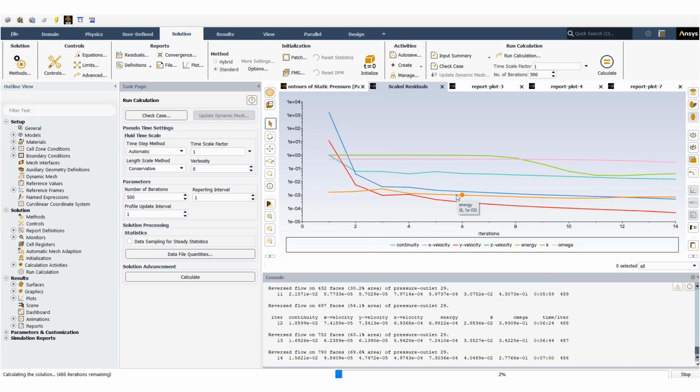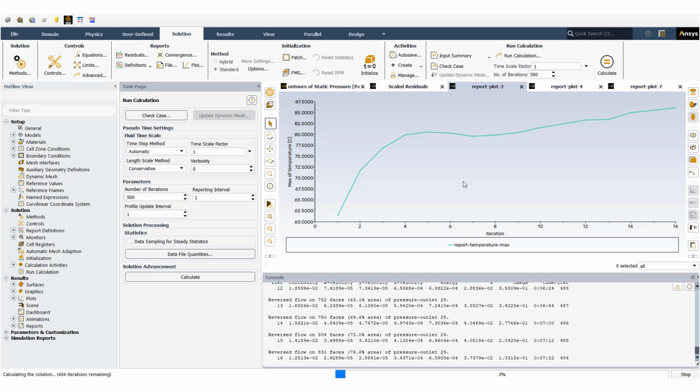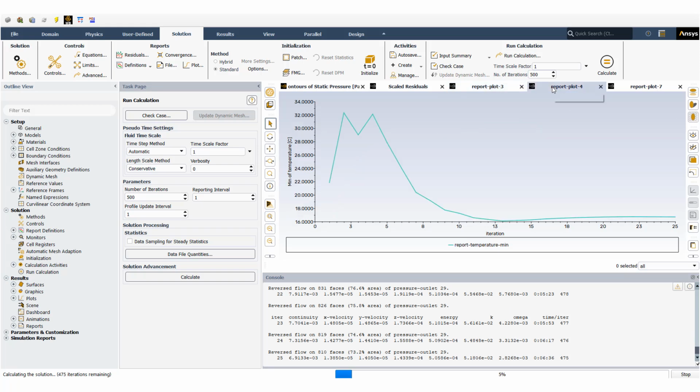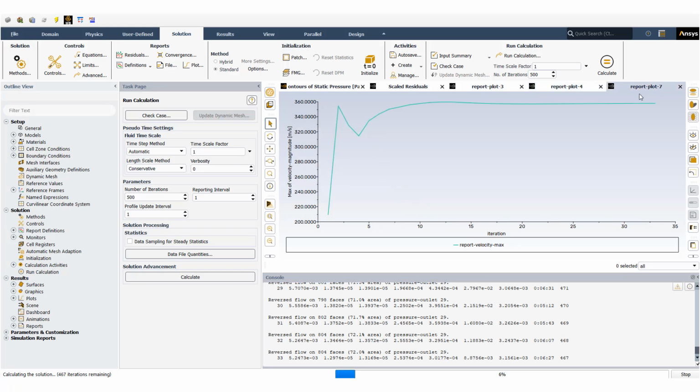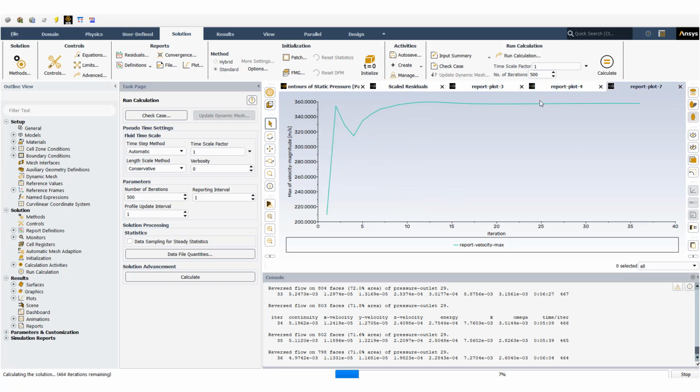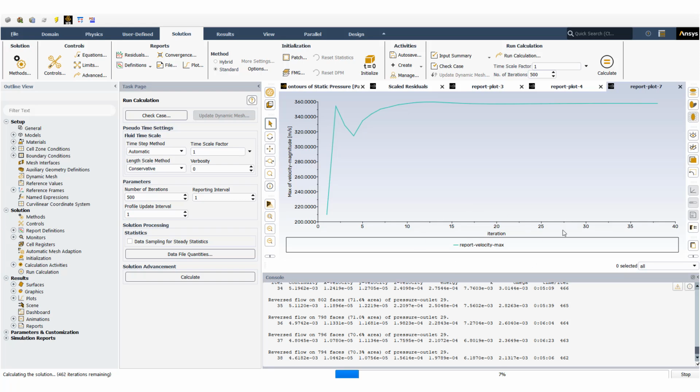These are the residuals. This is for the max temperature. This is mean temperature, and this is max velocity. I'll be back to you after the solution is done.